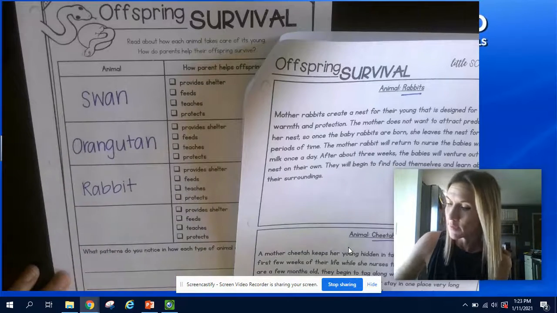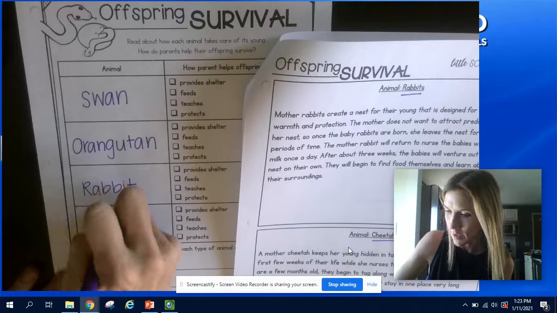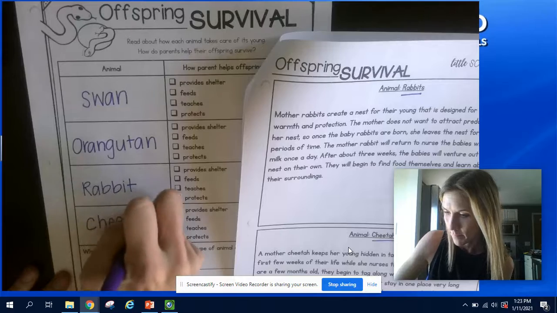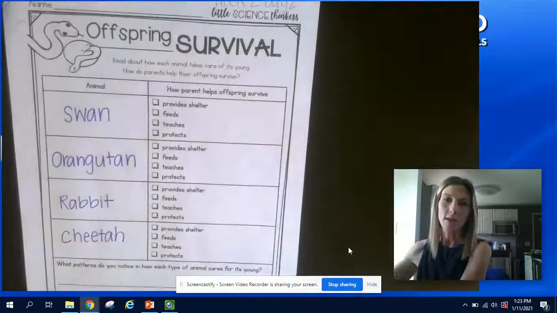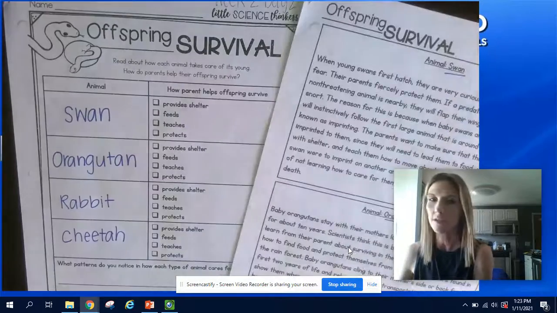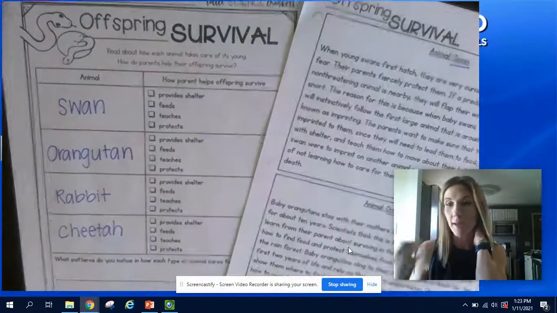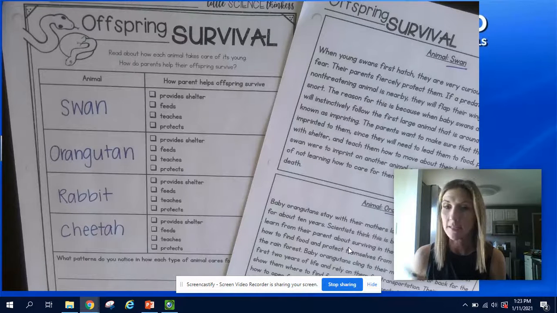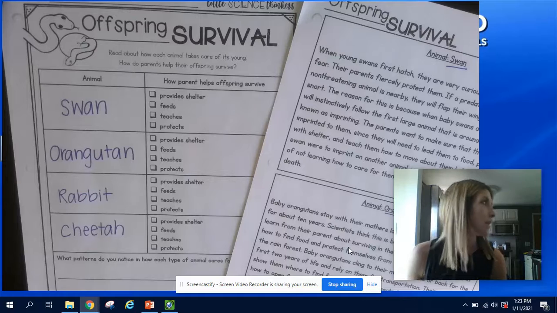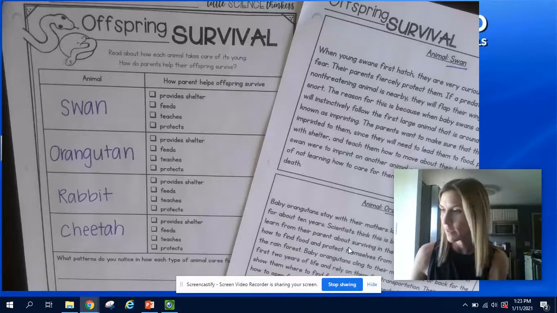And then the last one is a cheetah. Okay. So now that I've got all my animals written down on my worksheet, I'm going to either read this myself if I can, or get an adult to help me, because some of these might be some big words that you need an adult to help you read with.